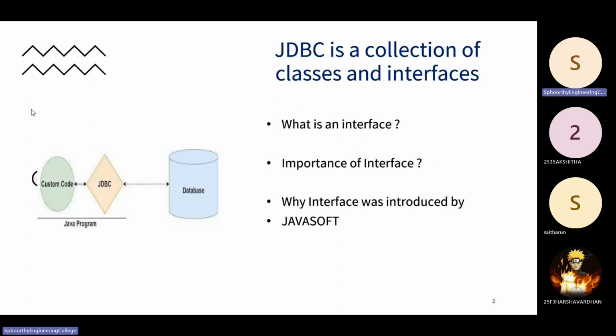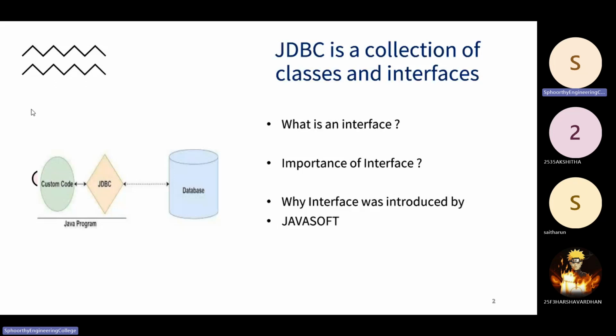So JDBC is a collection of classes and interfaces. Now, in order to understand Java database connectivity, we should understand what an interface is. You studied Java in your second year, first semester, wherein you might have written a lot of classes and implemented some interfaces. But what is an interface?